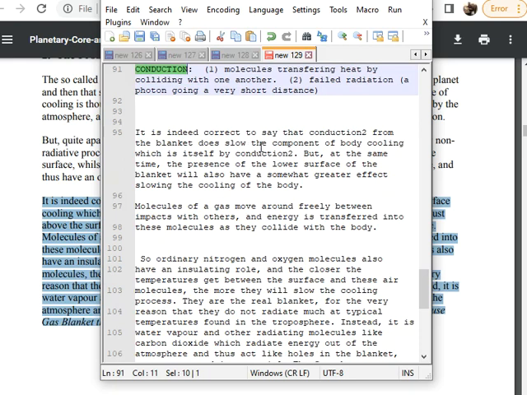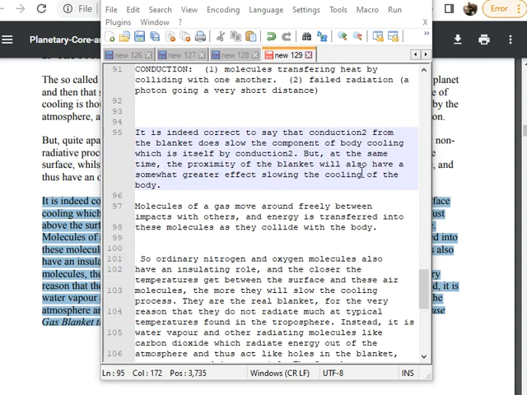So it's indeed correct to say that failed radiation from the blanket does slow the component of body cooling, which is itself by failed radiation. But at the same time, the presence of the lower surface of the blanket, the proximity of the blanket with the body, means also a somewhat greater effect slowing the cooling of the body.